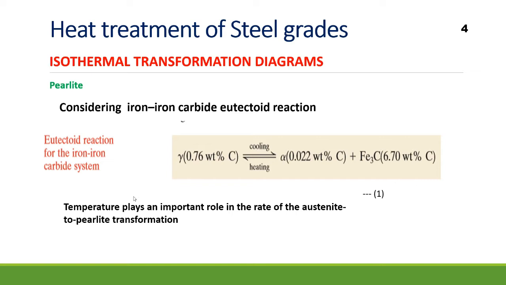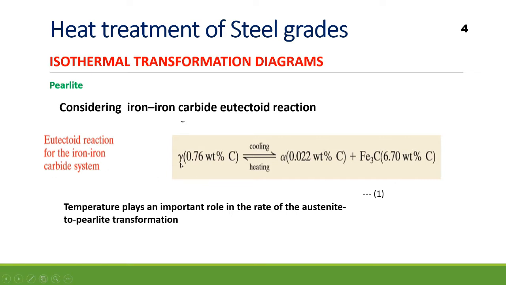Here we are considering the very basic phenomenon when austenite transforms to pearlite, which is the most probable occurrence, because if you let the austenite cool down slowly by itself, there is a high probability that it will end up forming pearlite. And this is our eutectoid reaction.